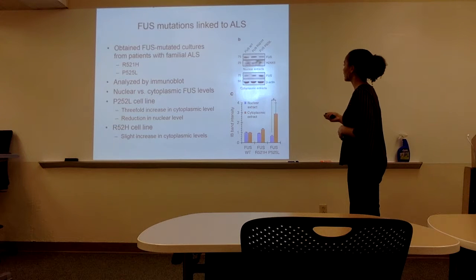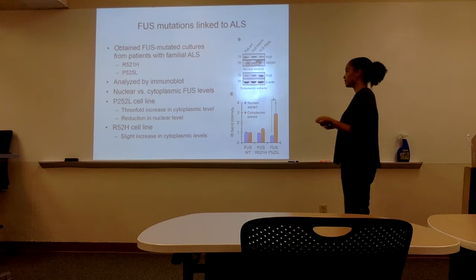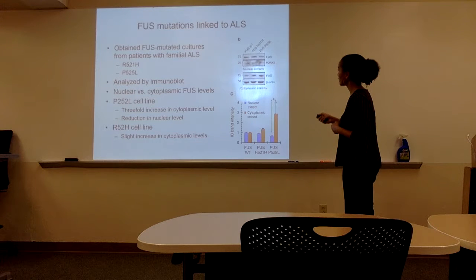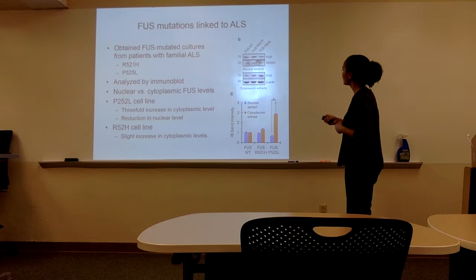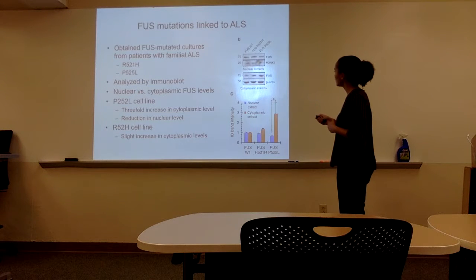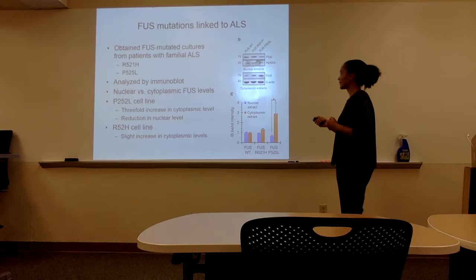What they found here is that the P25-2L cell line had a 3-fold increase in the cytoplasmic levels. So if you're comparing the wild type FUS with the third one over here for the P52-5L, you can tell there is an increase in presence of the FUS.